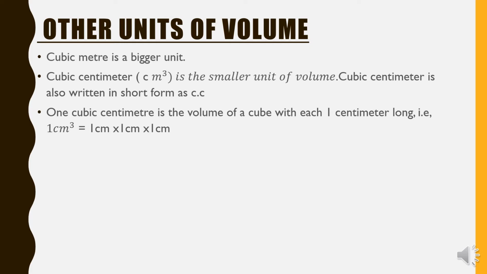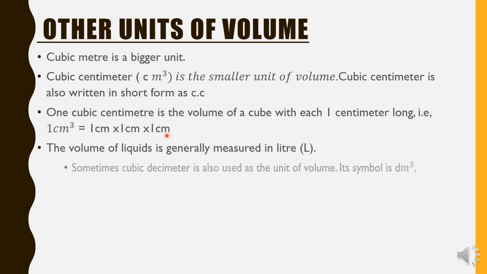So if we need to measure the volume of smaller things, we measure it in centimeter cube. Volume of the cube, each side 1 centimeter long: length 1 centimeter, breadth 1 centimeter, height 1 centimeter. Hence 1 centimeter cube equals 1 centimeter multiplied by 1 centimeter multiplied by 1 centimeter.